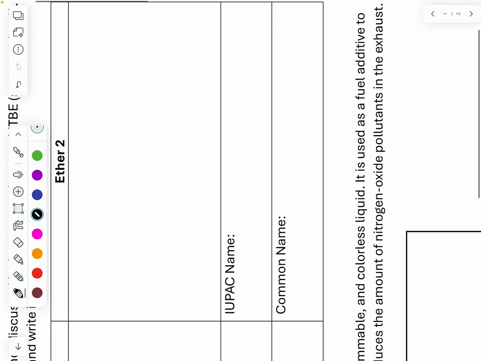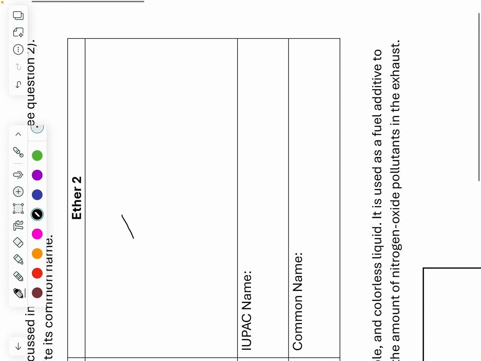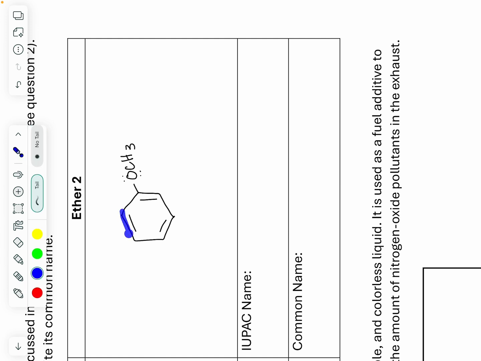So let's look at this next example right here. It's a little different, but we do know how to name this. Now let's look at the IUPAC name first. This ring is going to be the parent name. So this whole ring is a benzene.